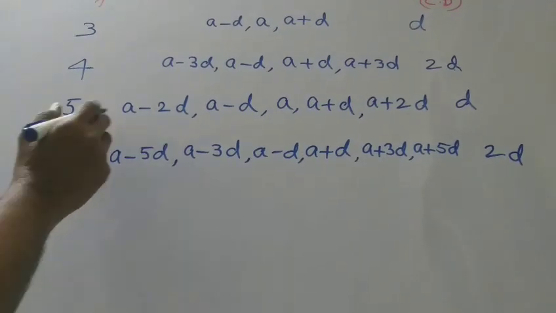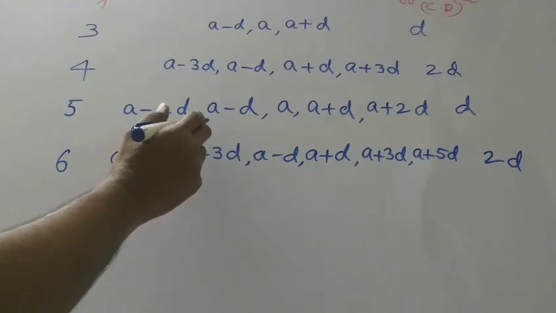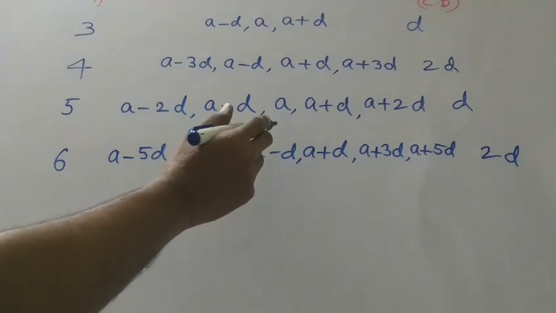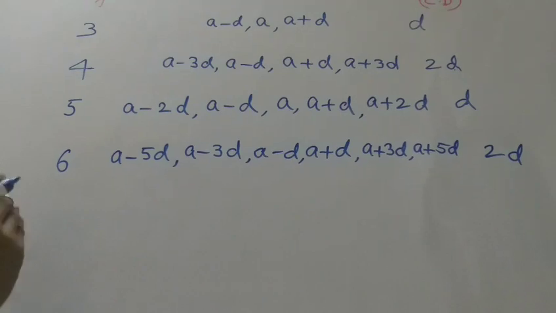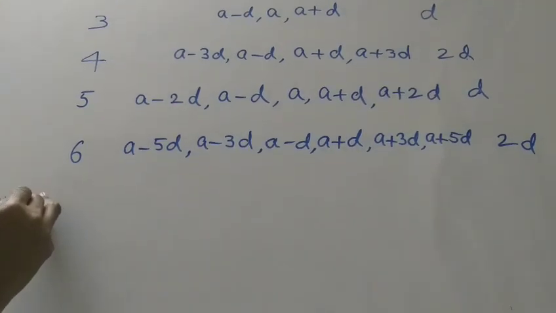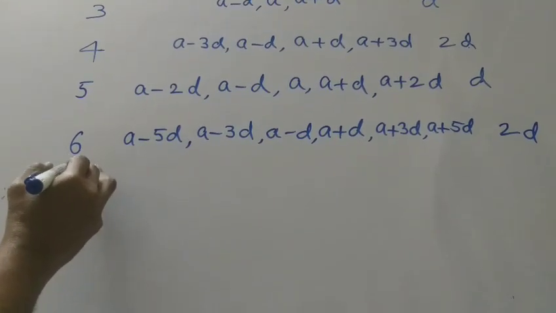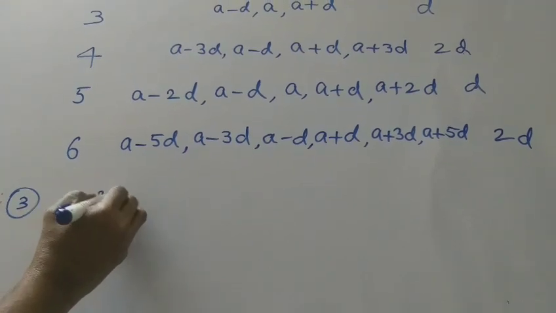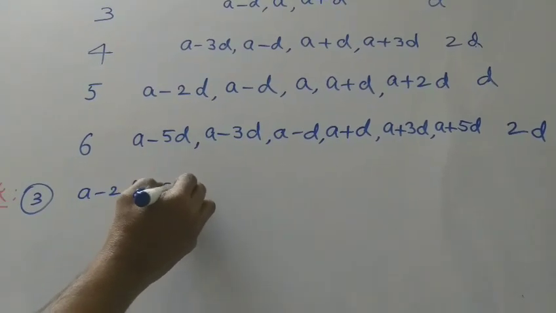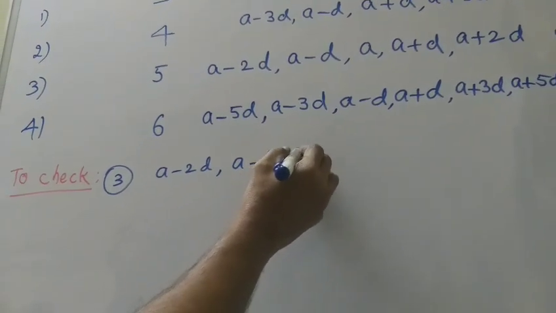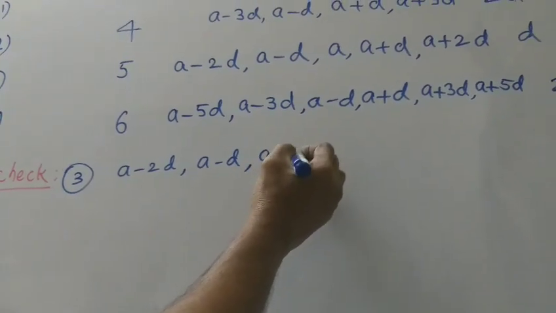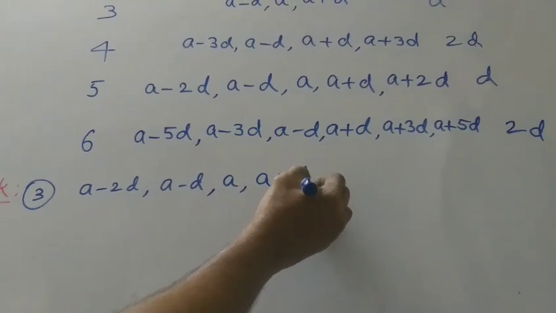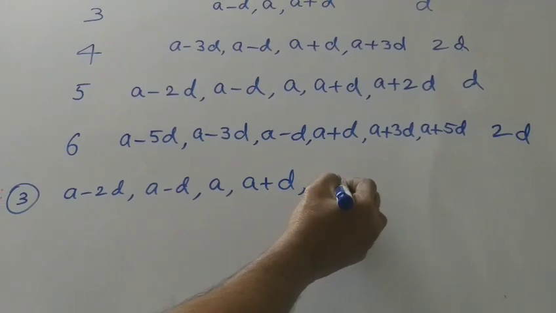The 5 terms are a minus 2d, a minus d, a, a plus d, a plus 2d.